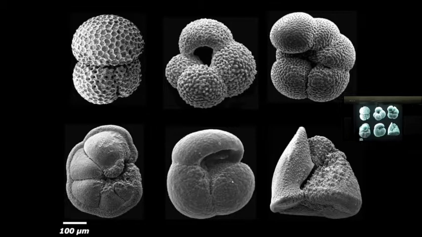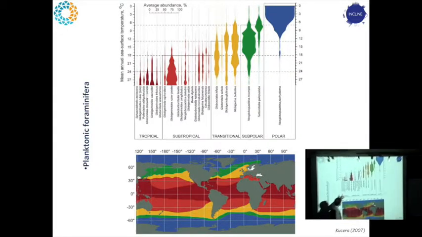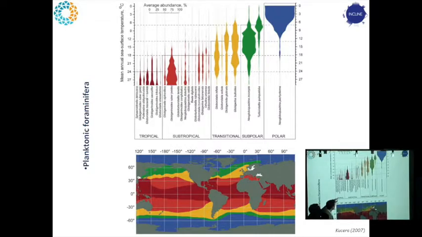Here are some examples of planktonic foraminifera that we may analyze, and if we only look into their assemblages, we may get very nice bands of occurrence of specific species as we go from the equator towards the high latitudes in both hemispheres.